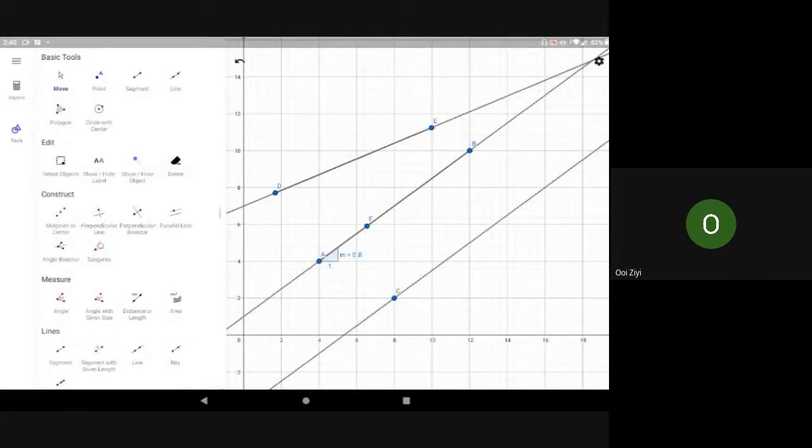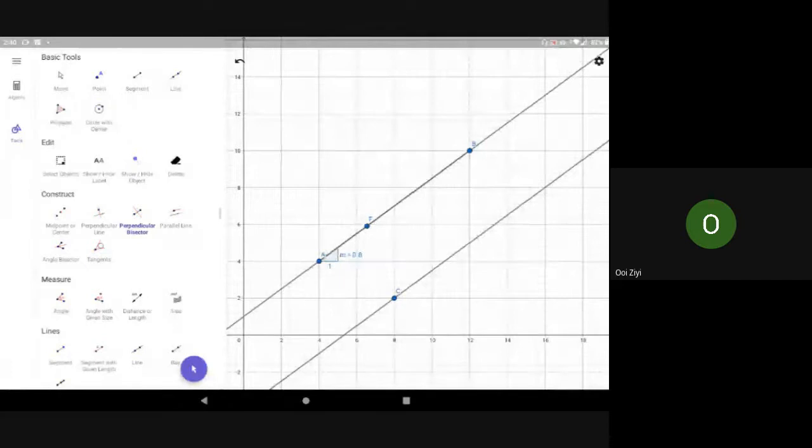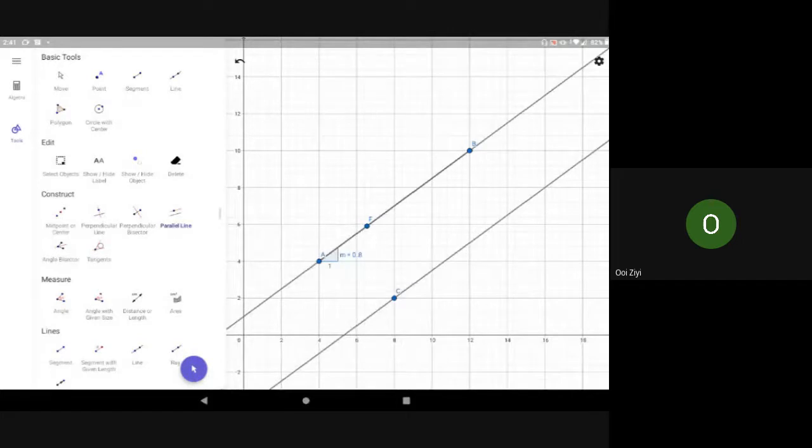Next we want to discuss perpendicular lines. For perpendicular lines, we have two or more lines which intersect each other, and the angle of intersection is 90 degrees. So this is a perpendicular line.